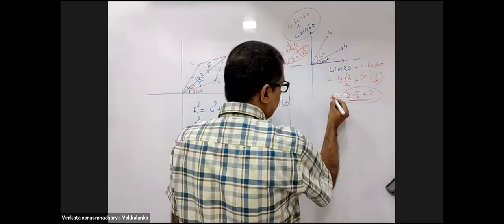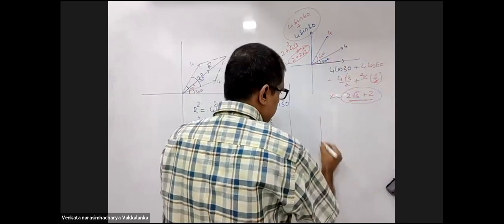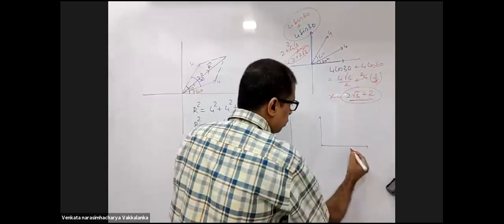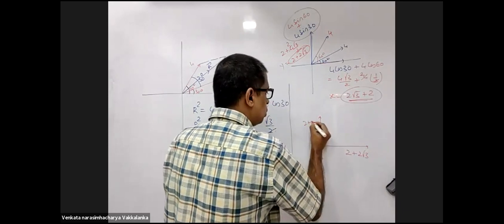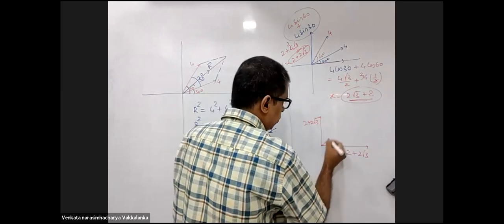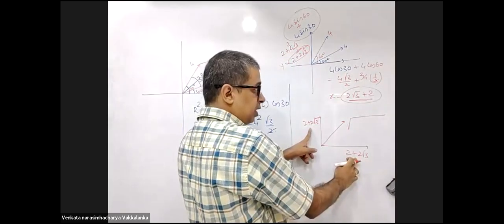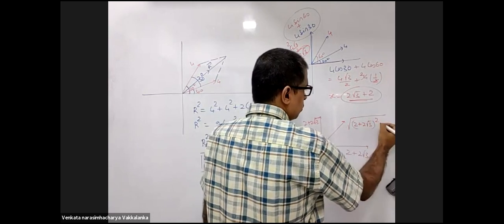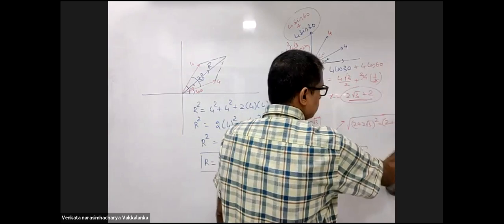Now this is my x component, this is my y component. That means you have converted this problem into 2 plus 2 root 3 here, 2 plus 2 root 3 here. What will be the resultant? Root over of this square plus this square: 2 plus 2 root 3 whole square plus 2 plus 2 root 3 whole square.